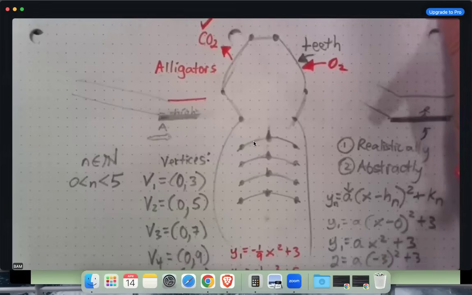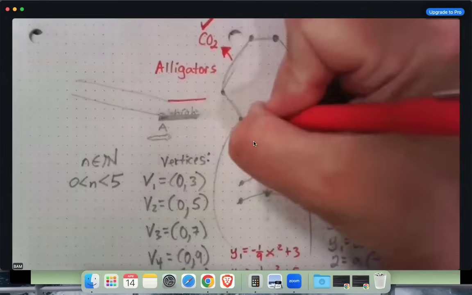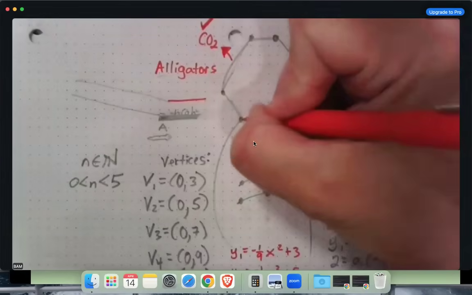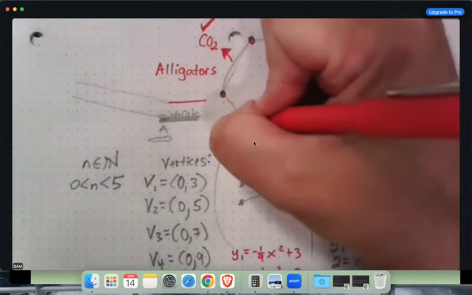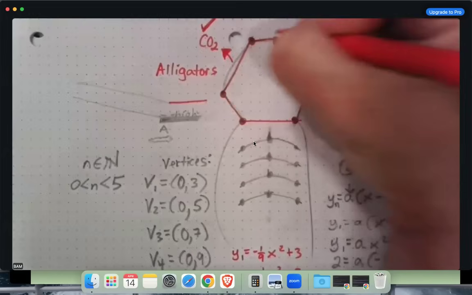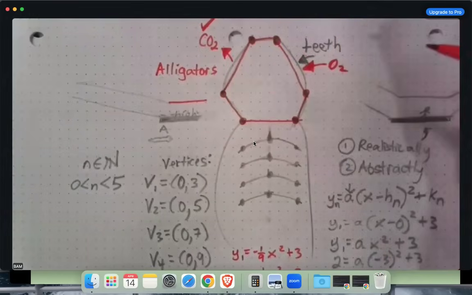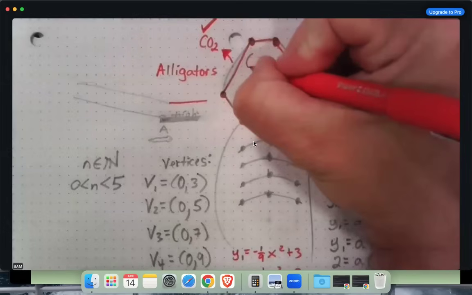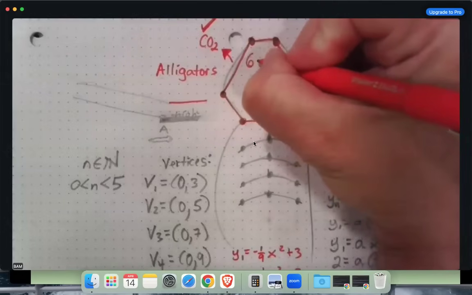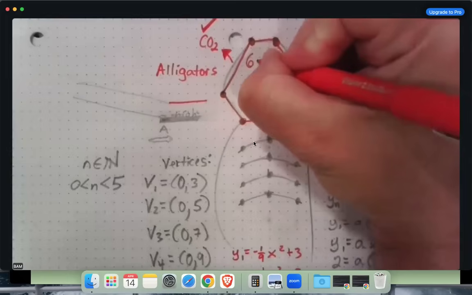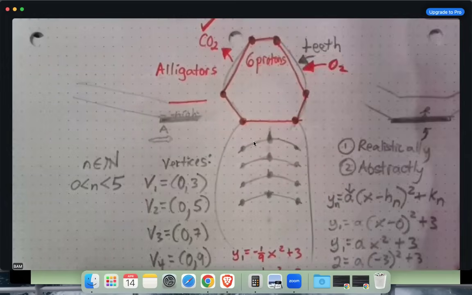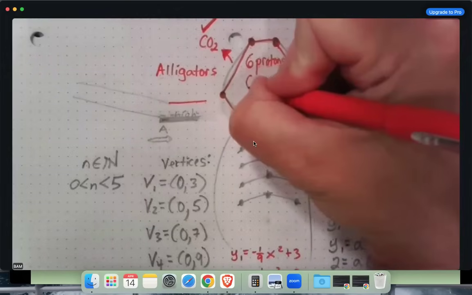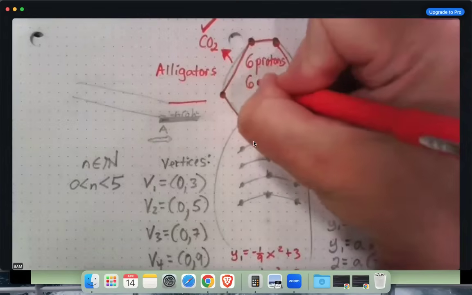And then there's more. 1, 2, 3, 4, 5, 6. So I'm allowed to be messy. So what do these 6 do? They remind me of carbon because carbon has 6 protons and the normal regular carbon has 6 electrons.